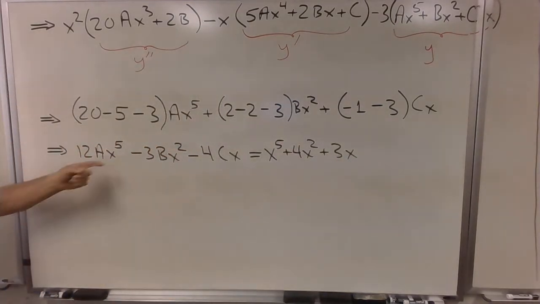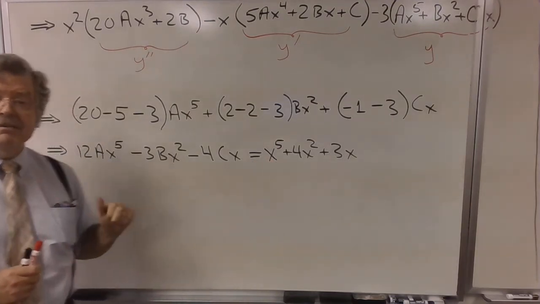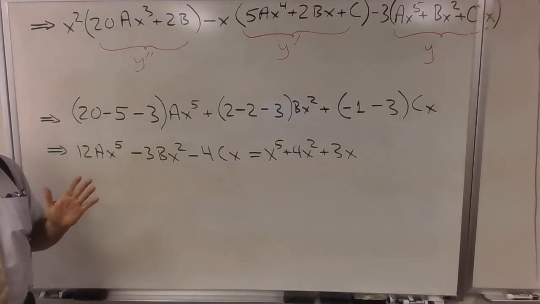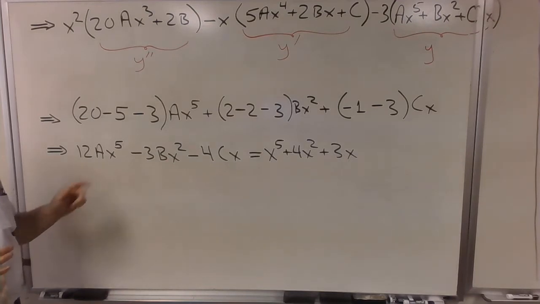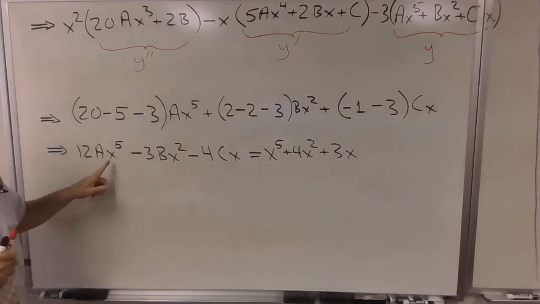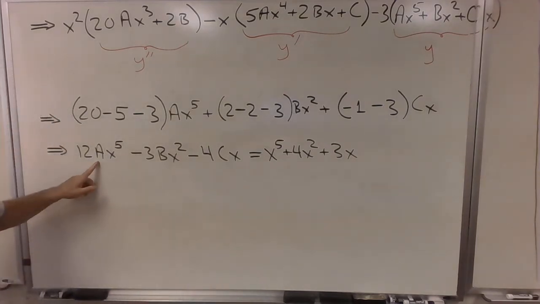We have a polynomial on the left equal to a polynomial on the right. The only way that two polynomials can be equal to one another is if coefficients of like terms are equal. So that means the coefficient of x to the 5th has to be the same in both places.